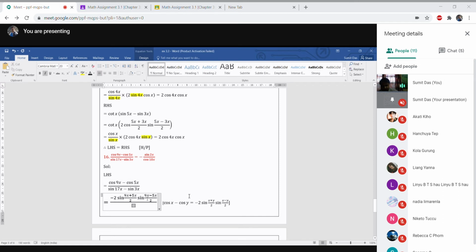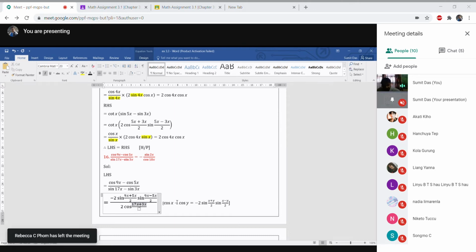Same, we'll use the sine x minus sine y formula. The formula is 2 cos of (x plus y) by 2, where x here is 17x, so (17x plus 3x) divided by 2, into sine of (x minus y) by 2. So remember the formula, where to use and when to use which formula. That is very important.